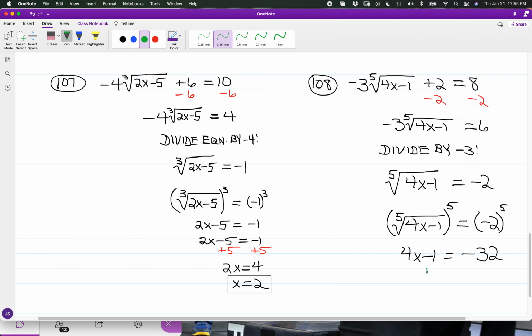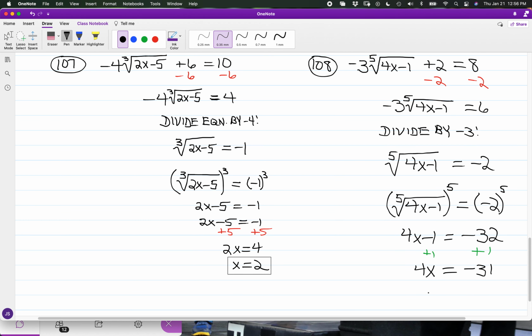If I add 1 to both sides, we have that 4x is equal to negative 31. And with division by 4, there is one solution for x, and that would be negative 31/4.